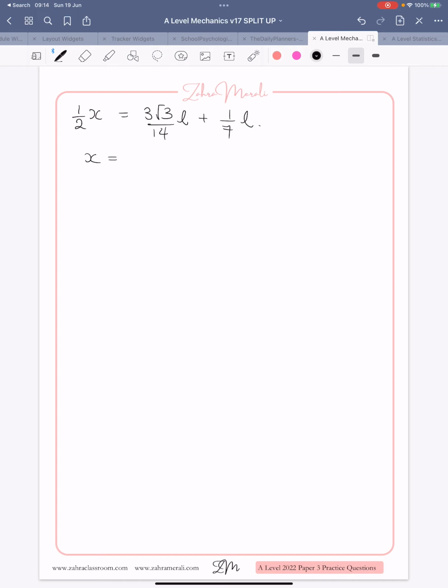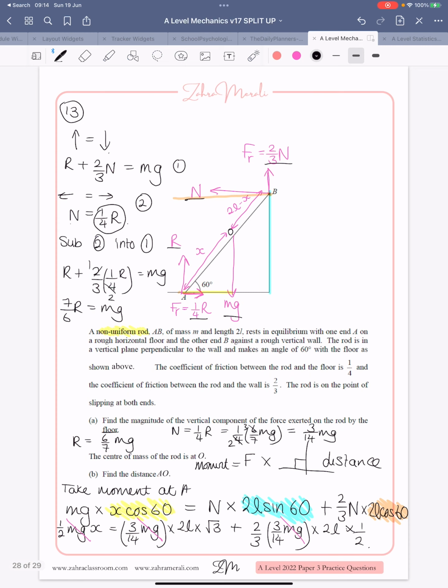We'll multiply everything by 2 to get x on its own, and I'm going to take L outside the bracket at the same time. And I get (3√3/7 + 2/7) L. And that is your exact distance.